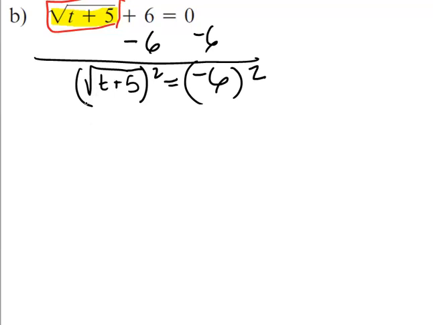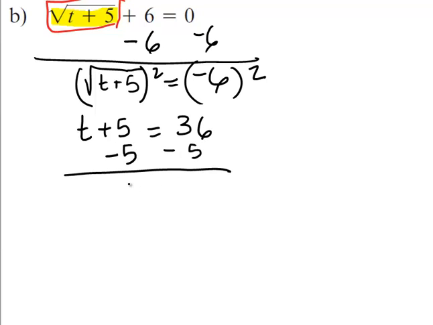We end up with just t plus 5 on this side, and negative 6 squared is 36. So now I'm just going to solve for t. And t equals 31. Let's double check it.